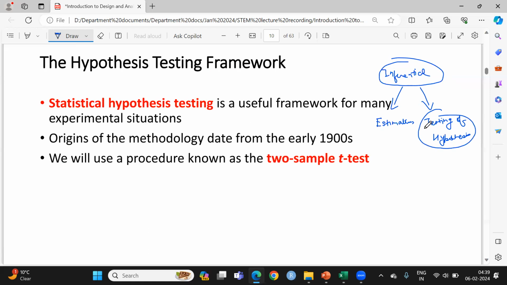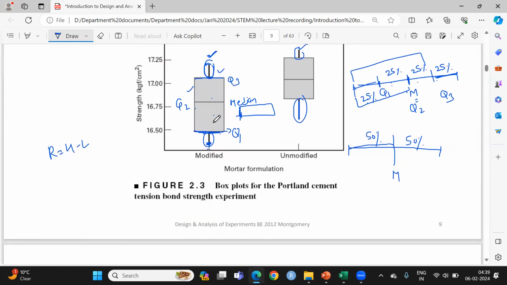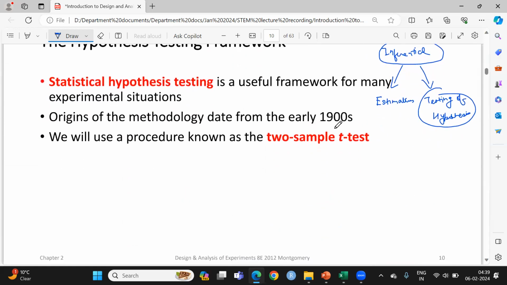We will do hypothesis testing. That means we will construct the hypothesis, and based upon it we will try to conclude whether the means of those two groups, modified and unmodified, are statistically significantly different or not. For that, we will implement statistical hypothesis testing, a useful framework for many experimental situations, as already explained to you.